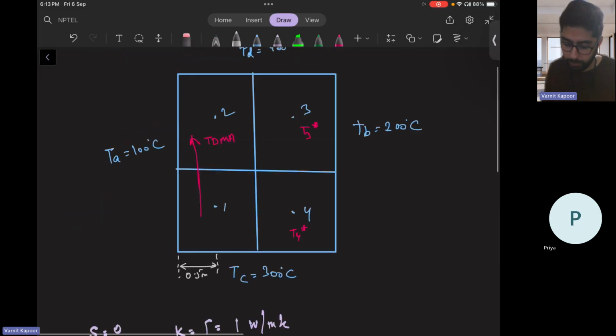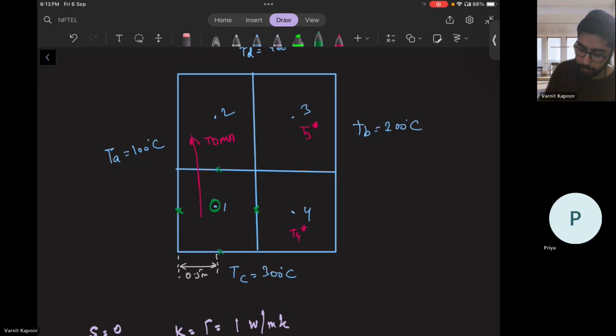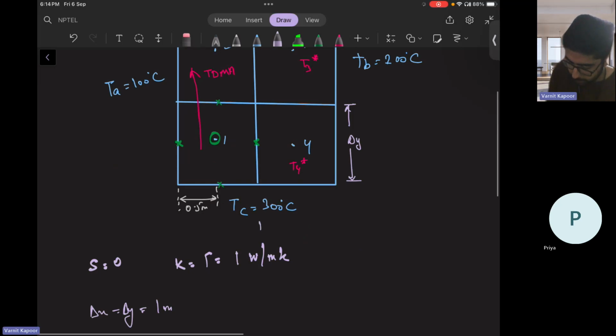East is this, west is this, north is this, and south is this. So gamma del y by del x, because it's gamma e A e by del x. So A east will be how much? This is del y, and it's two-dimensional, so 1 unit in the z direction, and this is del x.